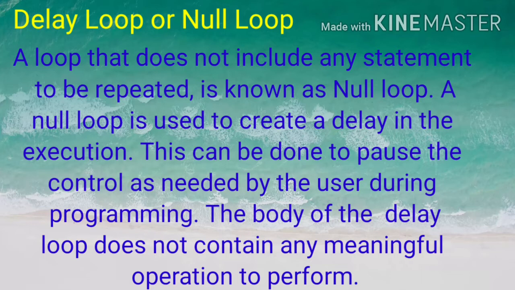The body of the delay loop does not contain any meaningful operation to perform. So during programming, if we want to give some delay between two outputs, we use the null loop. Inside the null loop there is no meaningful statement.